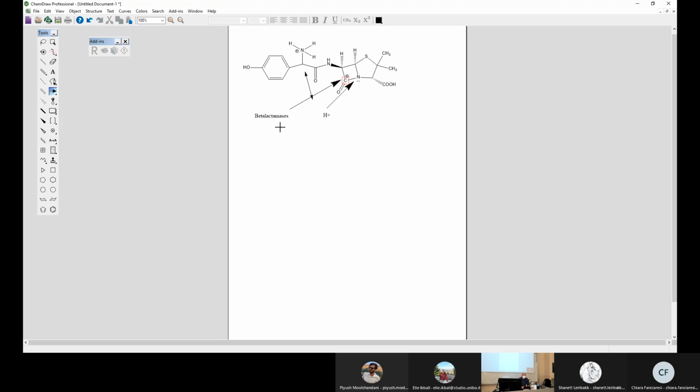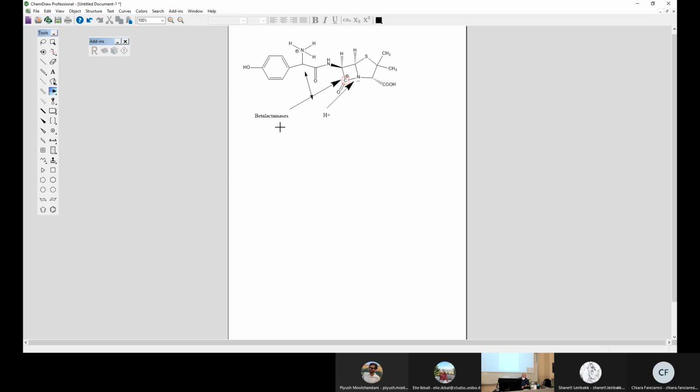We'll see at the end of this chapter that there are some molecules very close to the penicillin that are able to interact with beta-lactamases and to block their activity, and so amoxicillin can remain intact, can remain still active, and so can kill bacteria.